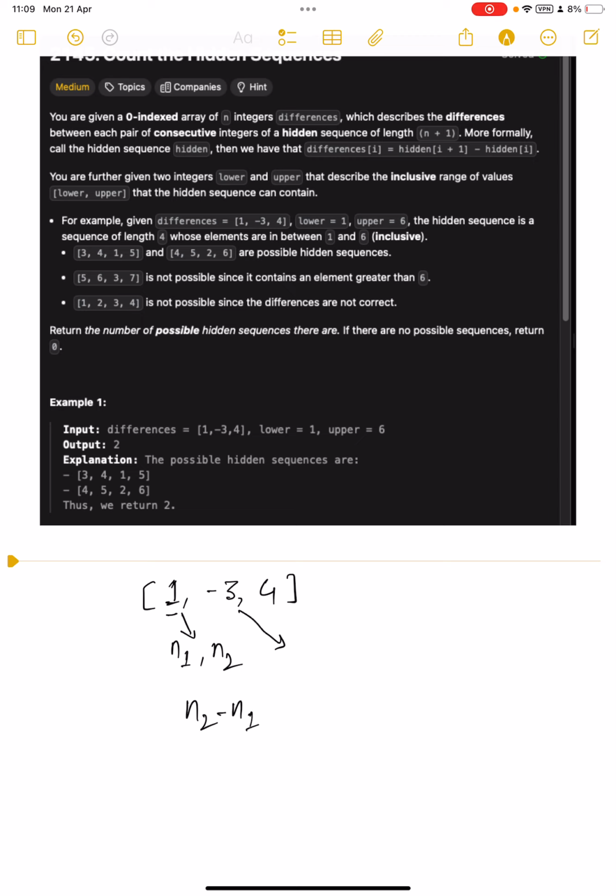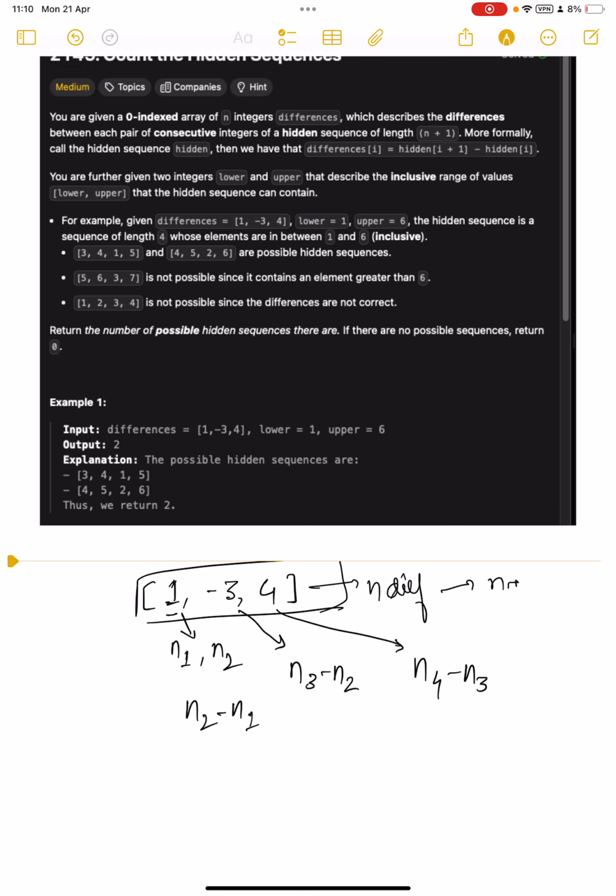And this number is the difference of n3 minus n2, and this number is the difference of n4 minus n3. So by looking at this question, you understand two things: if there are n differences, then there are going to be n plus 1 numbers, right?